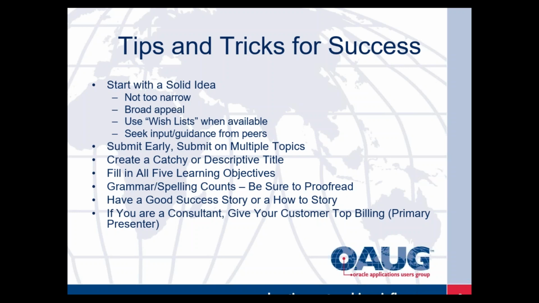And one really important thing is to fill in all 5 learning objectives. You'll fill in the title, you'll fill in the abstract, and then there are 5 objectives underneath that. Fill in all 5, and yes, make them all different. What this does is tell the voters that you have enough material to talk about to fill 45 minutes.